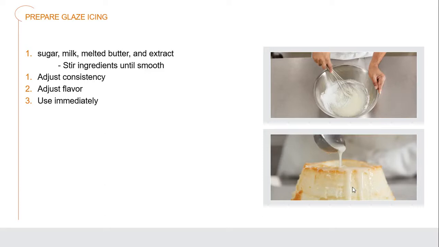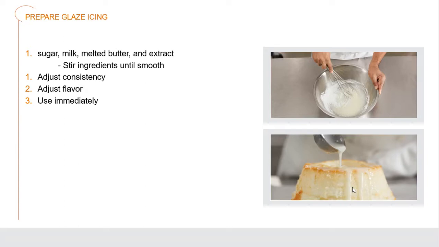So preparing some glaze. This is when we're making glazed donuts, things like that. So sugar, milk, melted butter, and vanilla extract generally, unless you want another flavor in there. You're stirring all of these ingredients together until everything dissolves, and you adjust that consistency to exactly where you want it to be so that it will coat whatever item you're using.